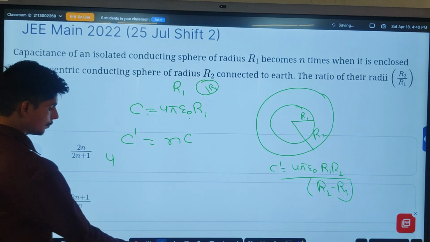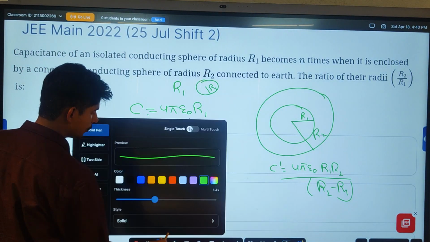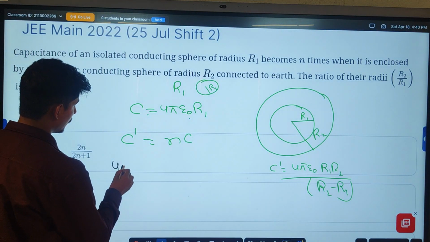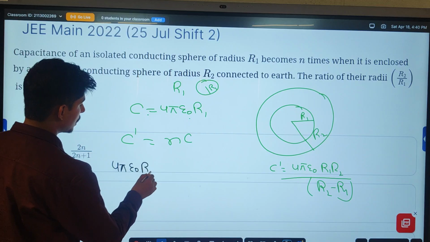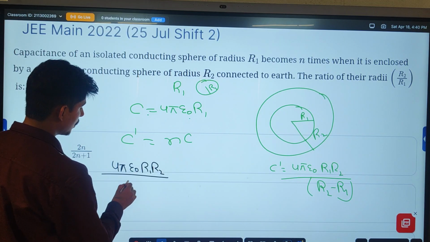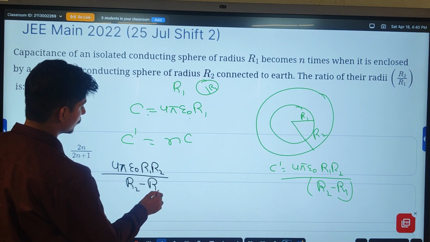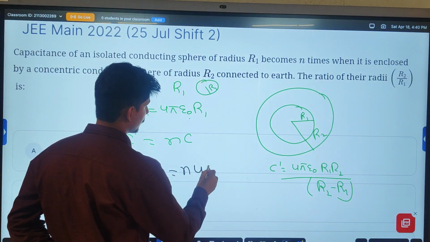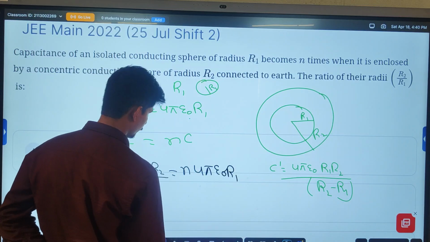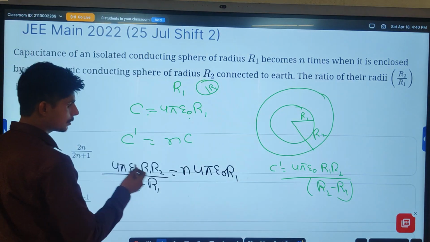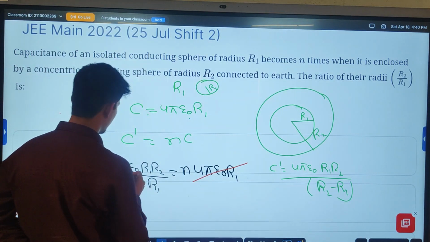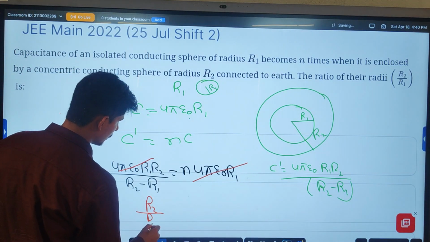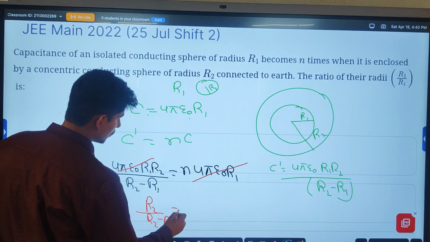So C dash is equal to 4 pi epsilon naught r1 r2 upon r2 minus r1, which is n times 4 pi epsilon naught r1. After solving, you will get r2 by r2 minus r1 is equal to n.